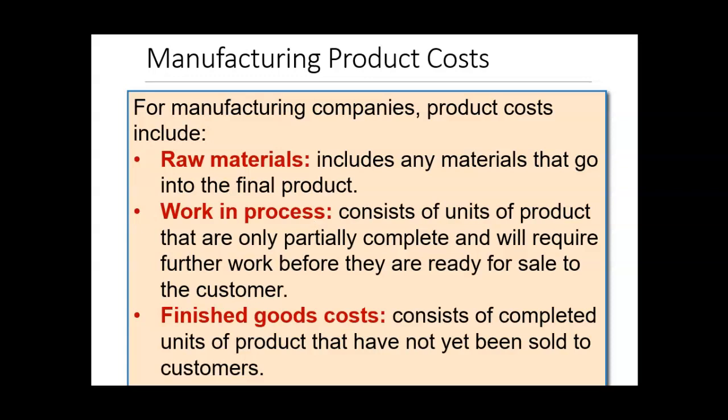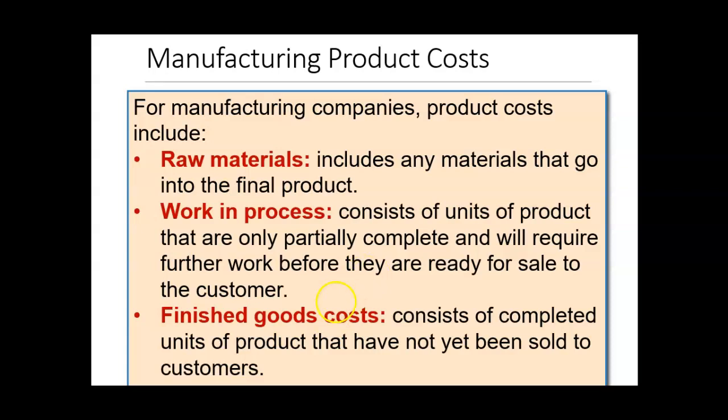And then once we're done with the product, it's what we call our finished goods cost, which means the actual automobile has been completed and is ready to be sold to the actual customer. It hasn't been sold yet, but when it's finished goods, that means the automobile is now complete and ready to be sold.